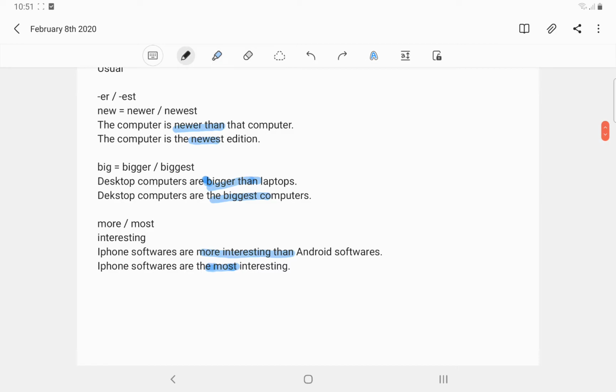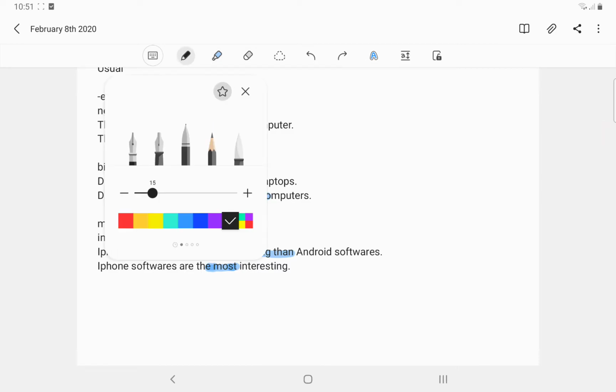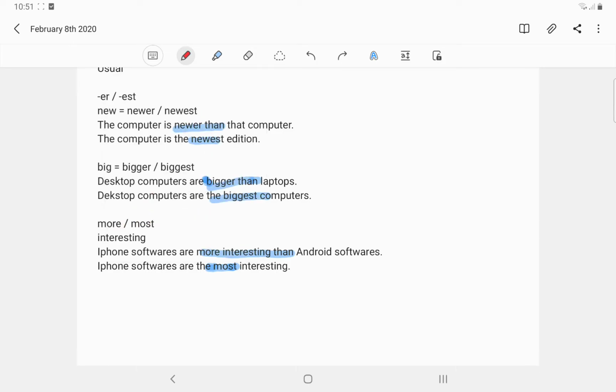So we go back to the rule. Kalau you nak guna ER dengan EST, so kalau you guna ER, you kena guna ER plus than. So the computer is newer than.